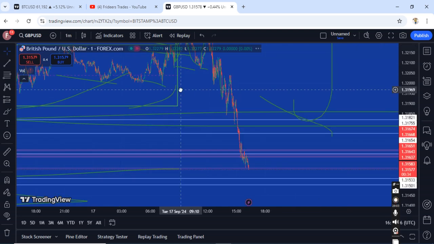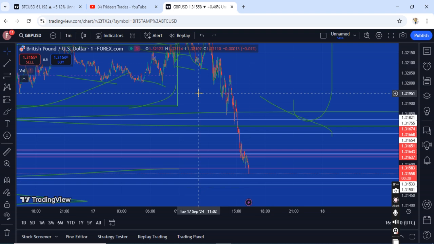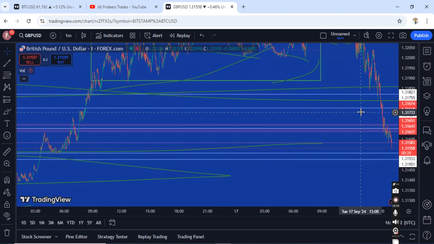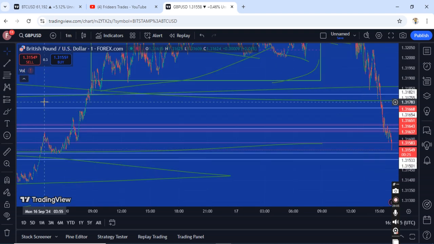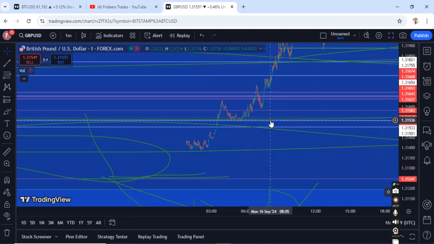Since then you've seen that the market has been going down, and it will keep going down like this until you get to level 2 again. Level 2. That is when the market will stop. Where is level 2? This is liquidity. So look for a fair value gap.